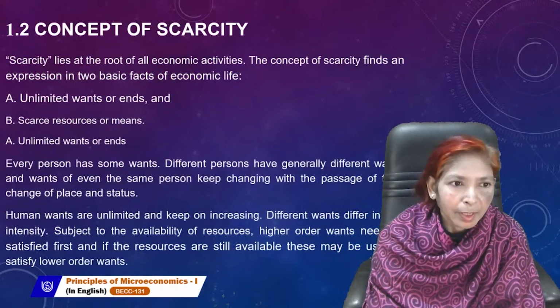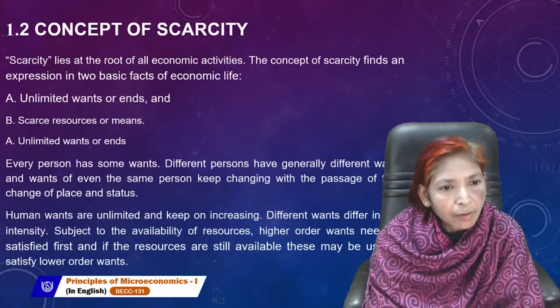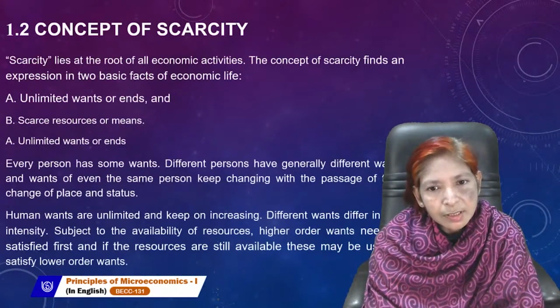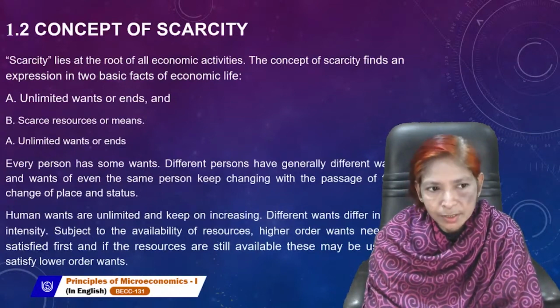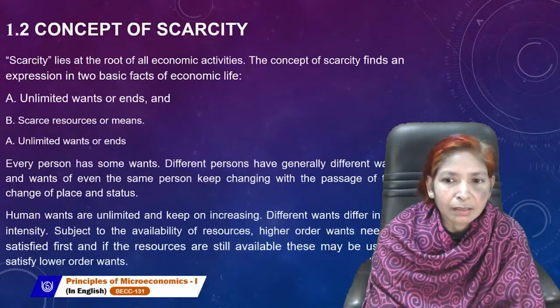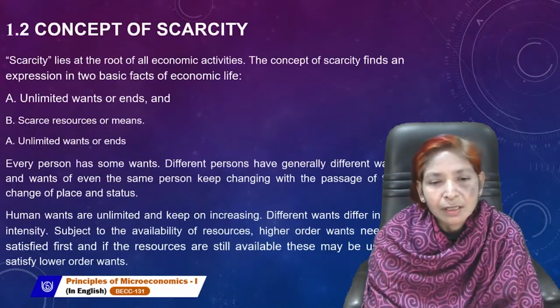So resources are always available in limited quantity, but wants are endless. Wants are unlimited, which means every person has some wants. Different persons have different wants, and the wants of even the same person keep changing with the passage of time. As time changes, our needs and wants always change.